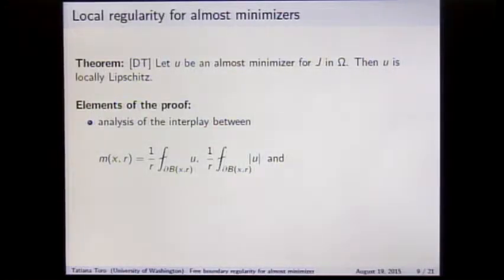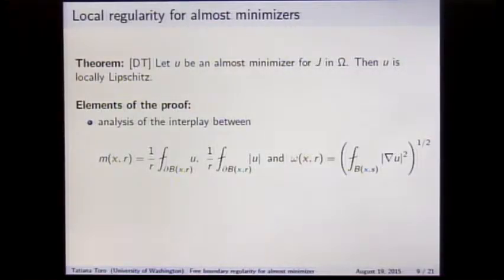And now we look at the key point. This is my gradient. So to prove that the function is Lipschitz, I need to prove that this is bounded. In fact, to prove the previous results, the regularity results, we had proven estimates on this guy. Okay, so that's my goal.